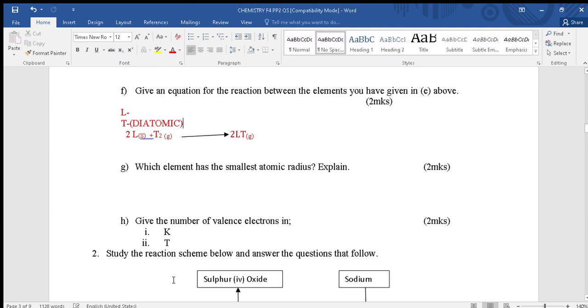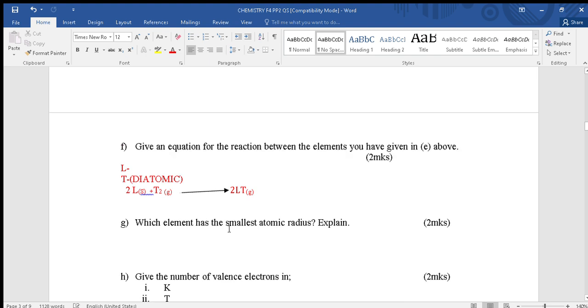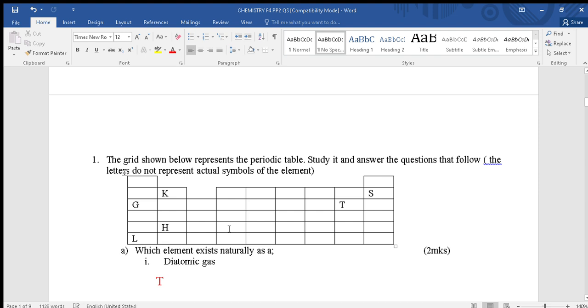So the next question you are asked, which element has the smallest atomic radius? For you to determine the element which has the smallest atomic radius, you look at the element with the smallest number of protons. That is most likely K, because it is the one having the smallest number of protons.